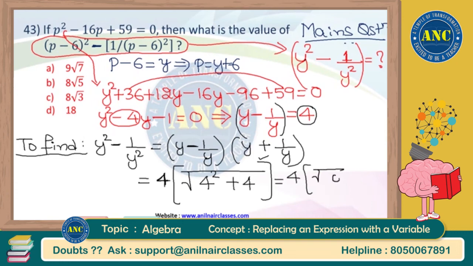So it is square root of 20, and square root of 20 can be further simplified as square root of 4 into 5. Square root of 4 is nothing but 2, so root 5 remains as it is. So 4 into 2 is 8. 8 root 5 should be the final answer for this question.